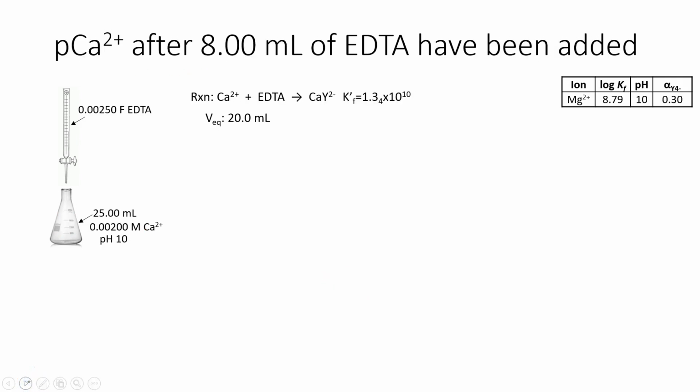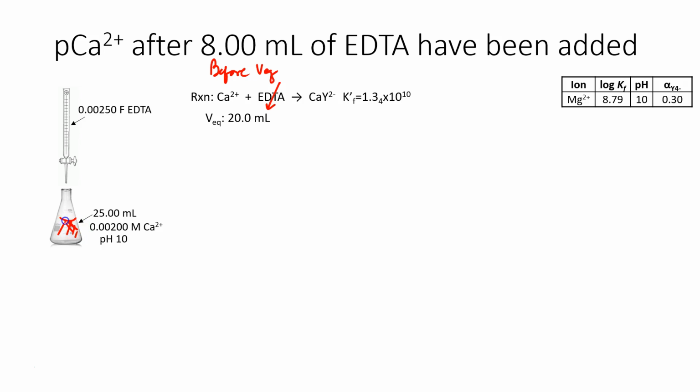And now they want us to calculate pCa after 8 mL of this EDTA have been added. So clearly we are before the equivalence point. So what's true at this point in the titration? At this point in the titration, every time you add EDTA, it gets consumed.